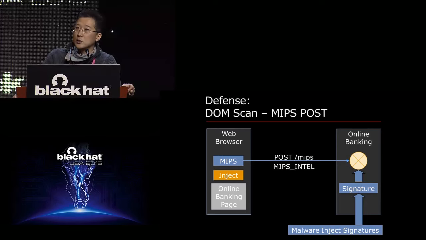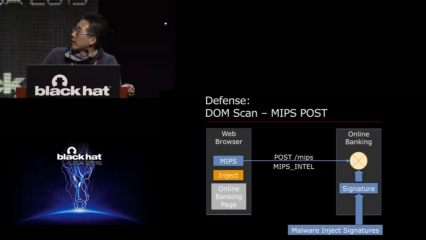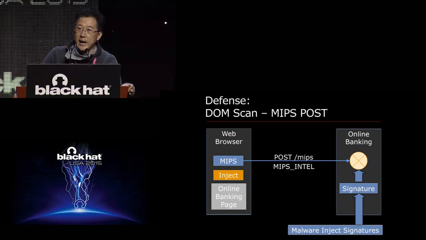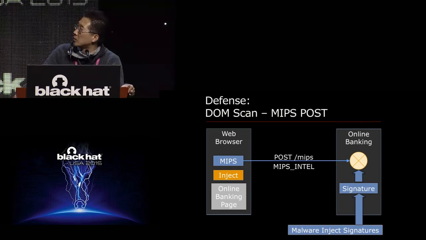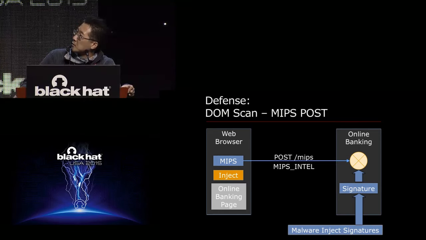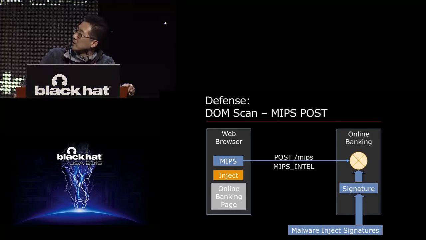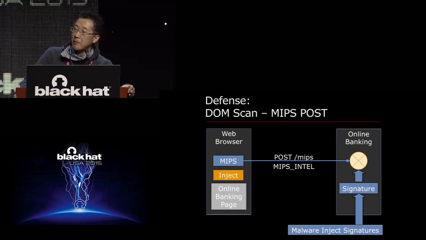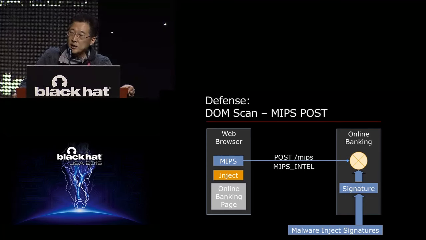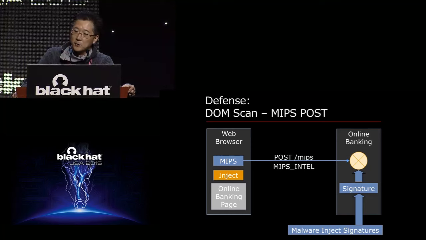And what we can do in the bank is embed a special script, which I call a MIPS script on the left-hand side, and alongside the online banking page, MIPS will actually run in the same page. And on top of that, of course, we've got the actual malware inject in there.